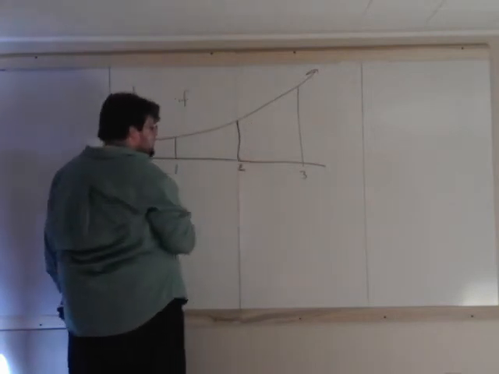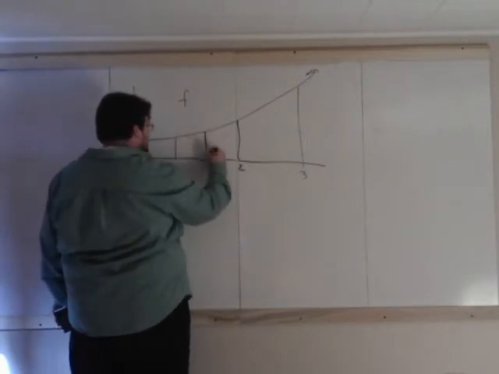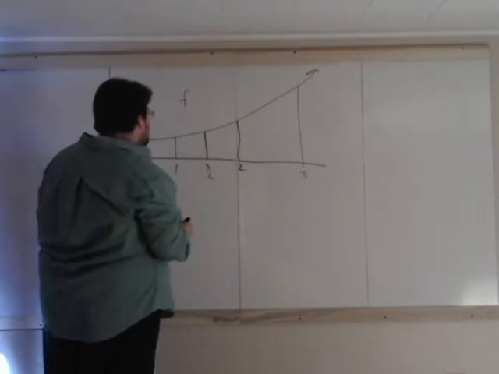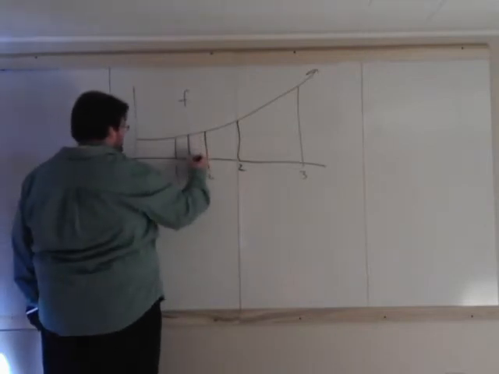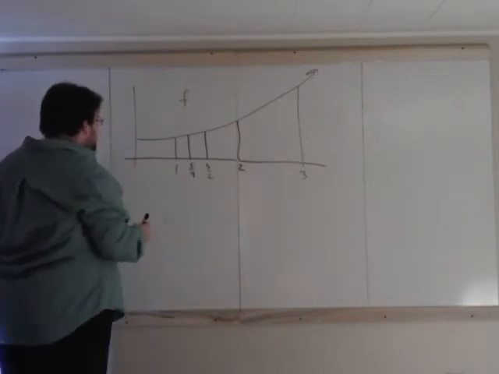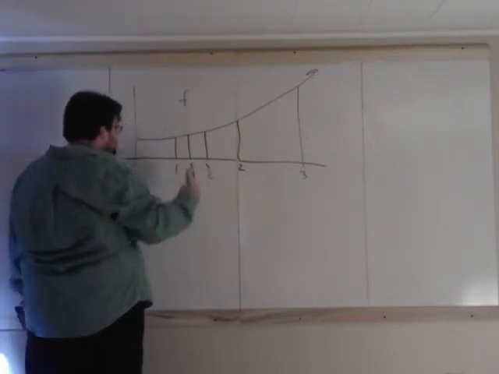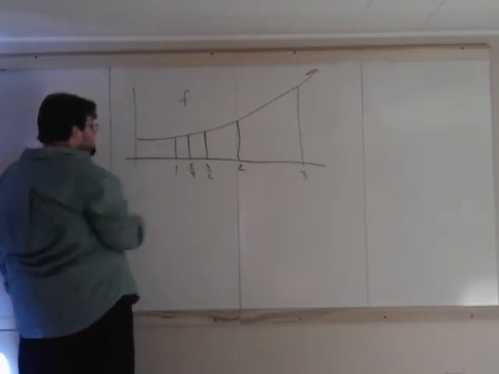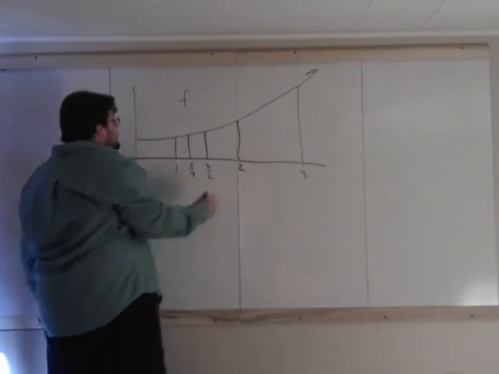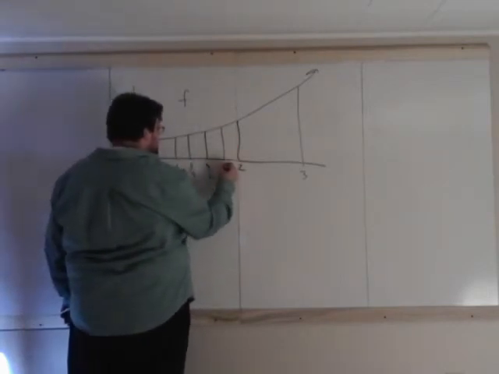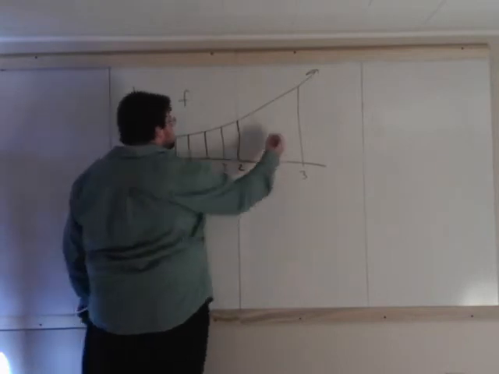That's at 2. Then we'll divide this in half. 1 1/2. Divide this in half. Gives you 5/4. The way I like to see that is with literal quarters. $1.50 is 6/4. $1 is 4/4. So right between them is 5/4. And similarly, between 1 1/2 and 2 is 7/4.